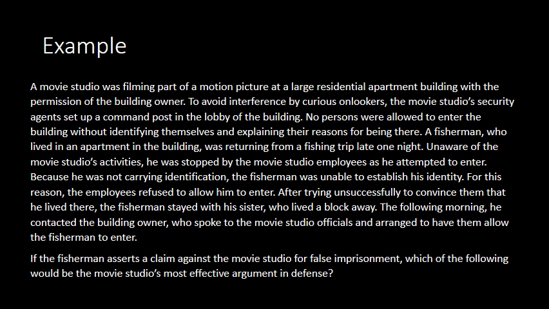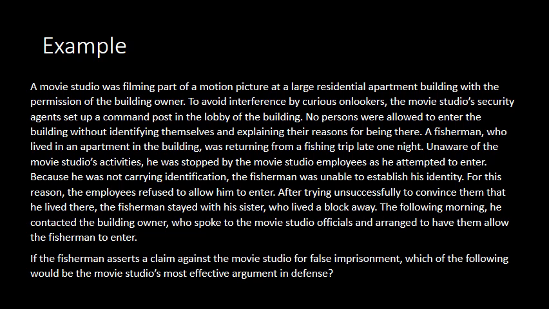So let's take a look at an example to see how we apply our approach to one of these analytical type multiple choice questions. The first step is to read the call of the question. The call of the question here says, if the fisherman asserts a claim against the movie studio for false imprisonment, which of the following would be the movie studio's most effective argument in the defense?